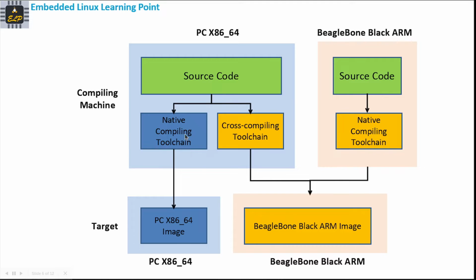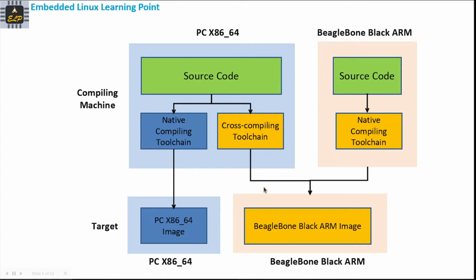With native compiling, the target is the x86 PC and the source code is compiled on the same x86 PC. With cross compiling, the host, the compiling machine, is x86 and the code is built for the BeagleBone Black ARM image.